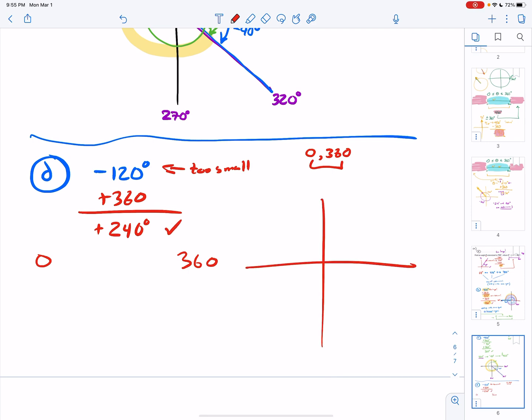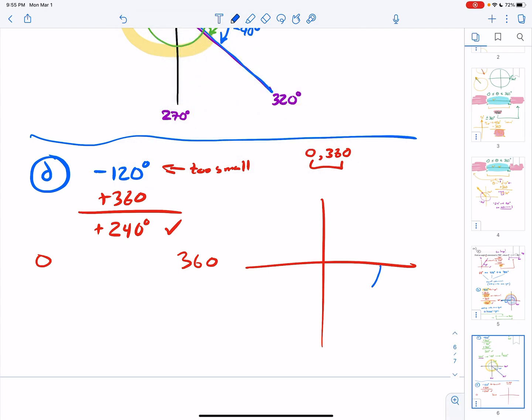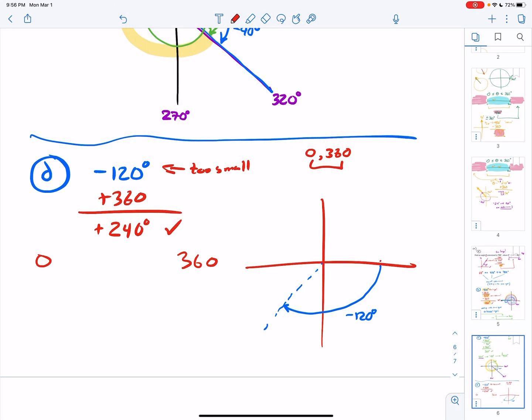So just to illustrate what's going on here, going clockwise 120 is the same thing as going counterclockwise 240. Notice how we still end up on the same terminal side. That is why these two angles are called coterminal angles.